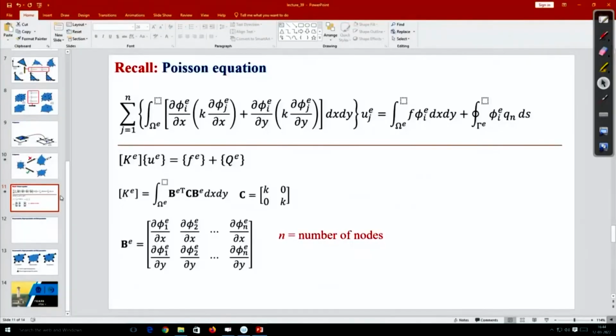Okay. So, now another important thing is, when we say isoparametric element, in isoparametric formulation we have two kinds of approximation. One is the approximation of the field variable, and the other is the approximation of the geometry.